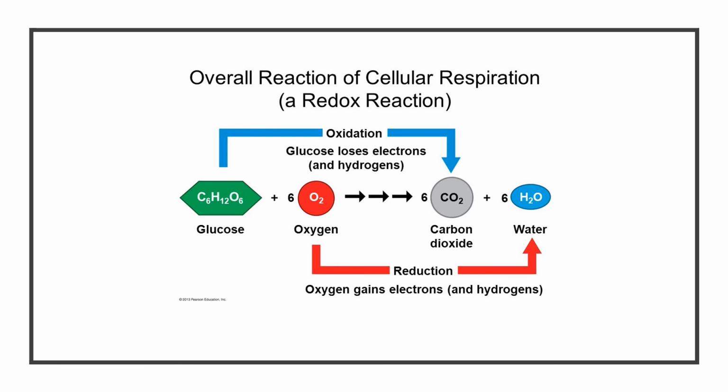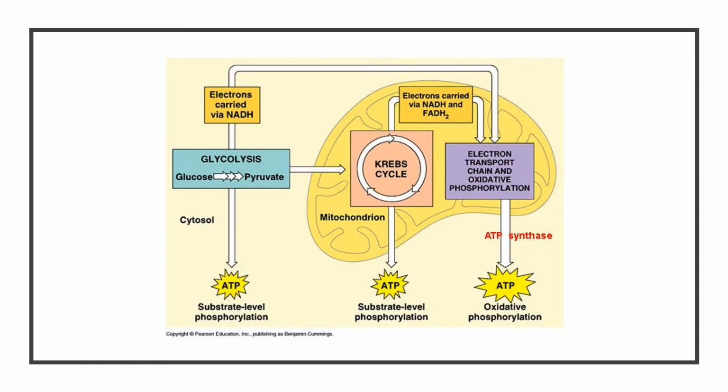Rather, the chemical bonds and atoms in glucose are rearranged one step at a time, releasing a tiny bit of energy with each transformation. Some of this energy is released as heat, but much of it is stored in the chemical bonds of ATP. Now, biologists organize the intricate biochemical pathways of respiration into 3 main groups, which are, as you can see here, glycolysis, the Krebs cycle, and the electron transport chain.